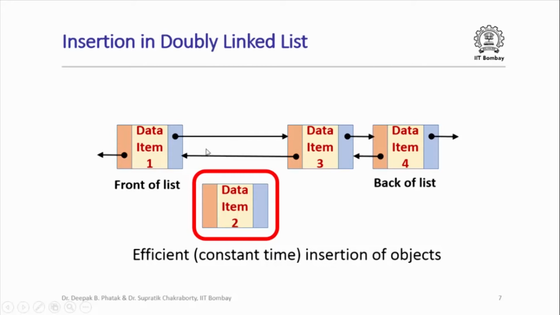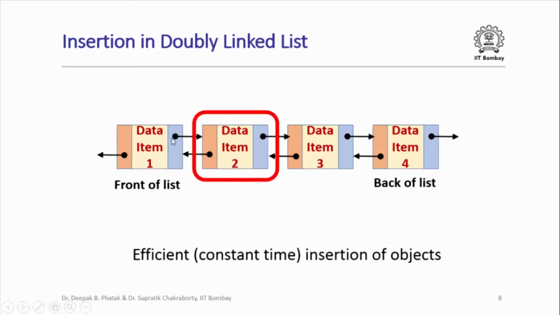All I need to do once again is to reassign these forward and backward links so that the forward link from data item 1 points to data item 2, the forward link from data item 2 points to data item 3, and the backward link of data item 3 points to data item 2, and the backward link from data item 2 points to data item 1. So as you can see, these changes of links or pointers can be done very efficiently if I were to insert an object at a specified position in a doubly linked list.